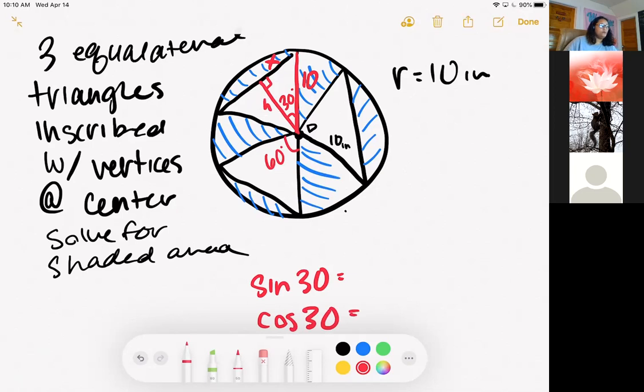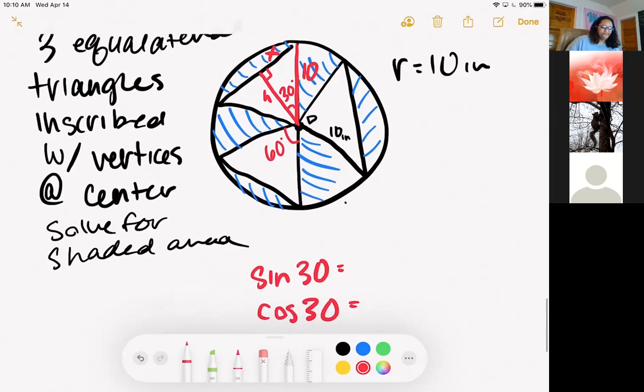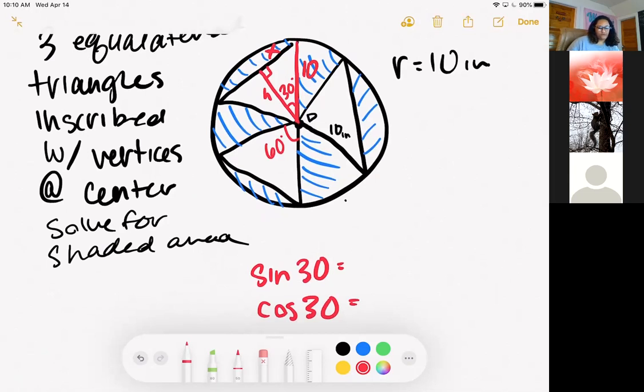What are those equations of sine and cosine? Sine is x over 10, and then cosine is h over 10.